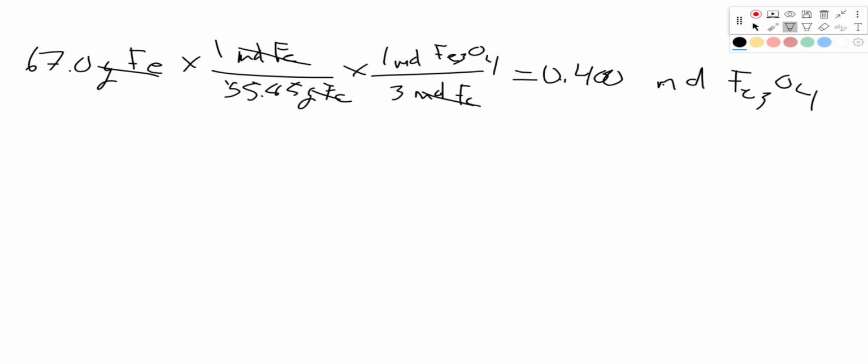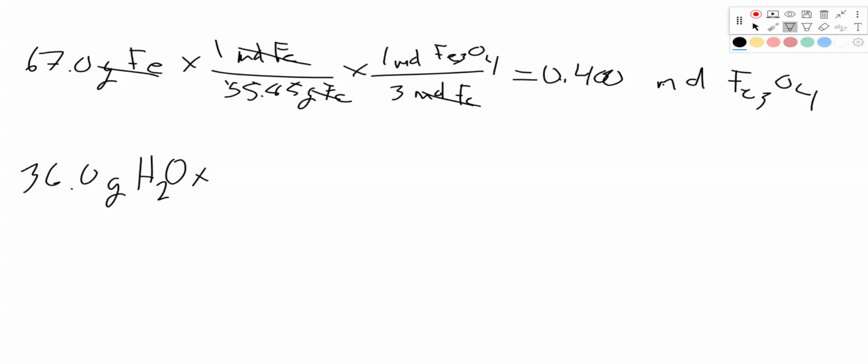Now I'm just going to repeat this process with the other reactant. I'm going to do the exact same thing. I'm going to convert it into moles of that substance and then into moles of Fe3O4. So I can see which one of these would produce more if it got completely used up. So we started with 36.0 grams of hydrogen, or not hydrogen, water.